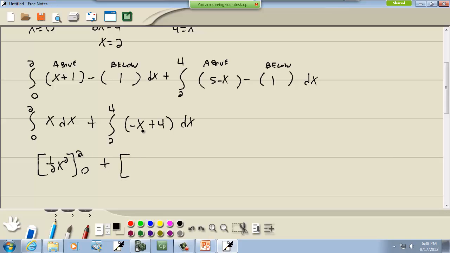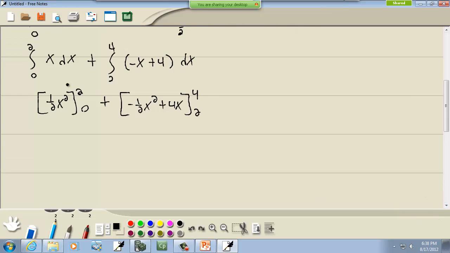And here, add 1 to our power, divide by our new power. And for the 4, we just put an x on it. So put 2 in, so we got 1/2 times 2 squared minus 1/2 times 0 squared plus, then I'll put the 4 in.